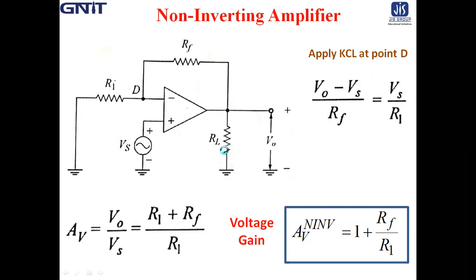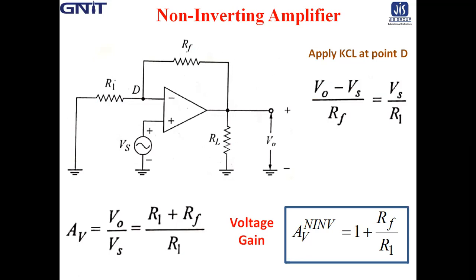The feedback circuit is composed of two resistors: the feedback resistance RF and the input resistance R1. The feedback voltage is 180 degrees out of phase with the input voltage. Hence, the feedback is negative.